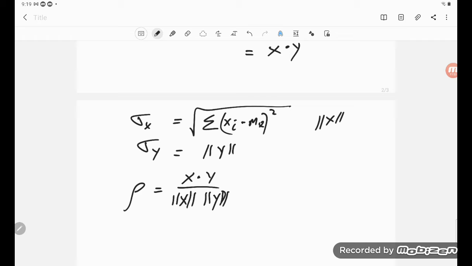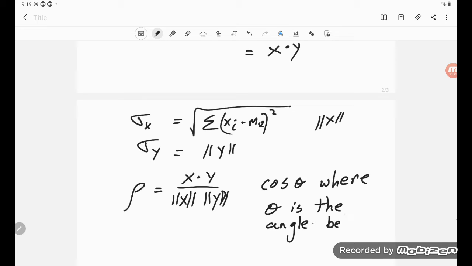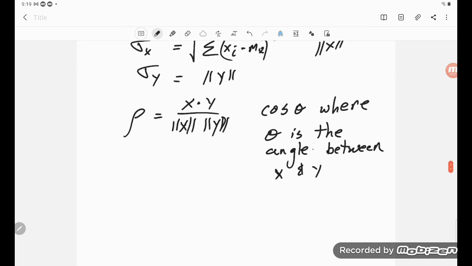And from linear algebra or calculus 3, what we know then is that looks a lot like the cosine of theta, where theta is the angle between the vectors x and y. Okay, so this correlation coefficient, from a linear algebra point of view, is kind of looking at an angle.